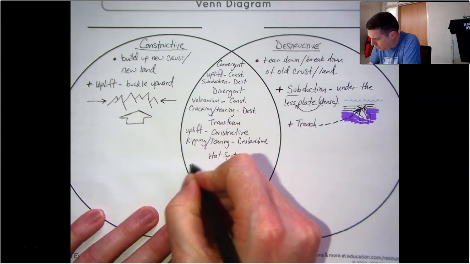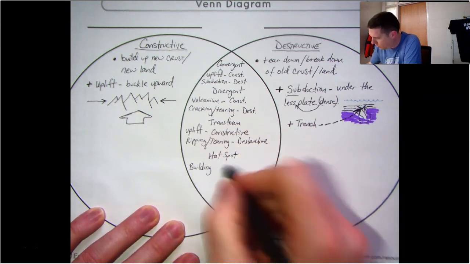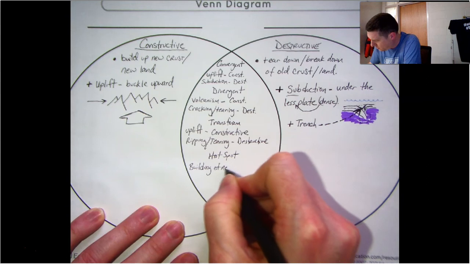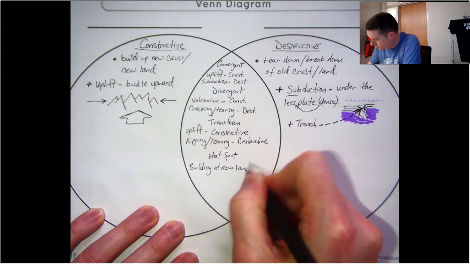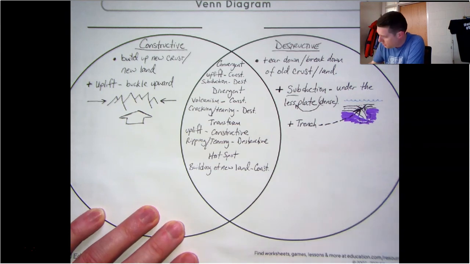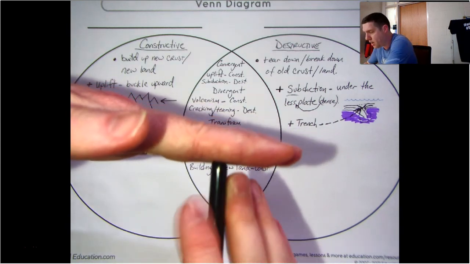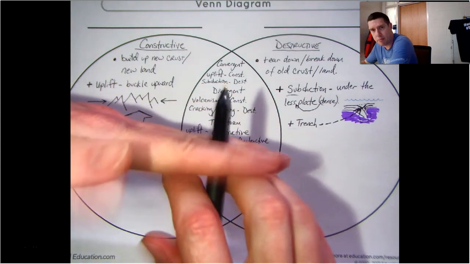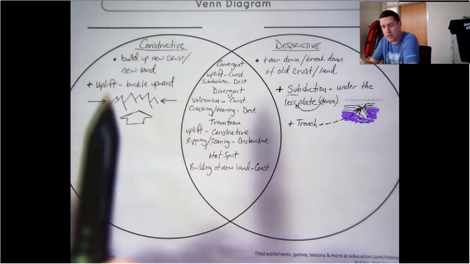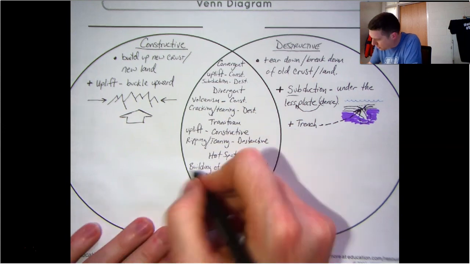So the building of new land, that's definitely constructive. But the breaking through, the melting down and busting through the plate and breaking and cracking open so that this volcanic island can be made, that is destructive.